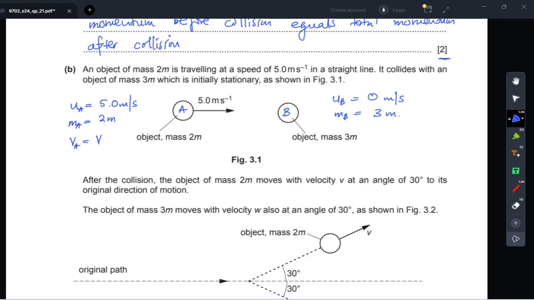The object of mass 3m moves with a velocity w, so VB after collision is w, in meters per second. This is a very interesting question. So this is where we are.